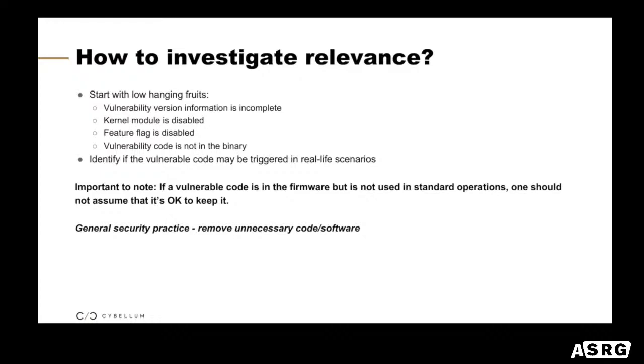Maybe the vulnerable code is not in the binary itself. And if none of these helped you to conclude that it is irrelevant, you'd have to actually investigate the code itself and have a much deeper understanding to understand if it is still relevant or not.